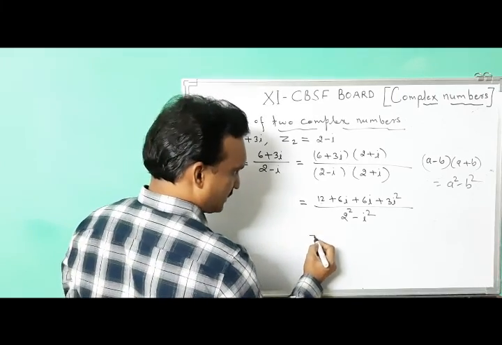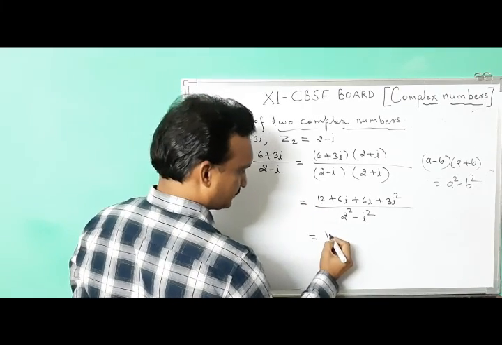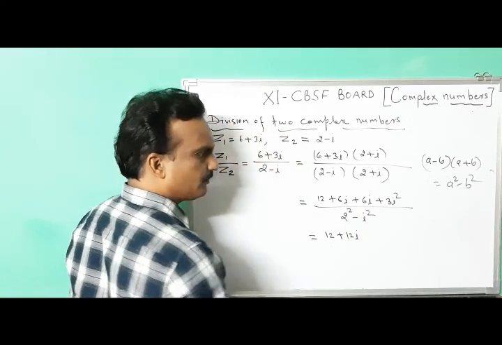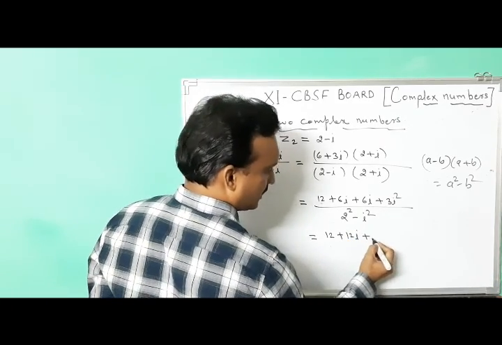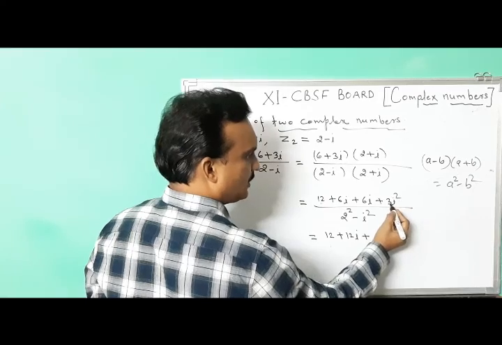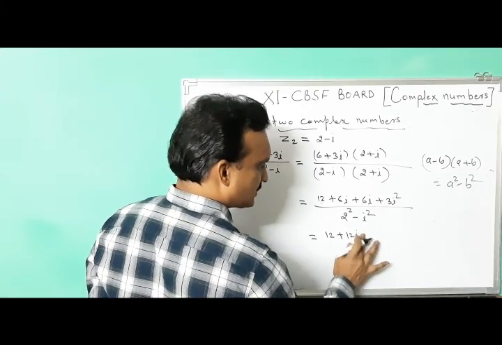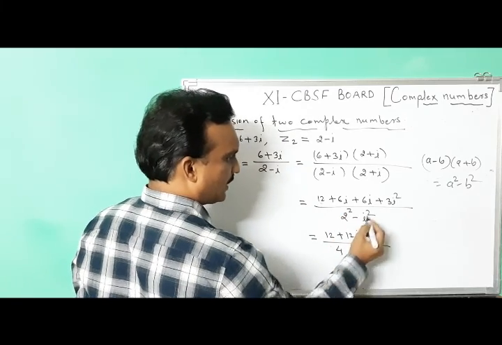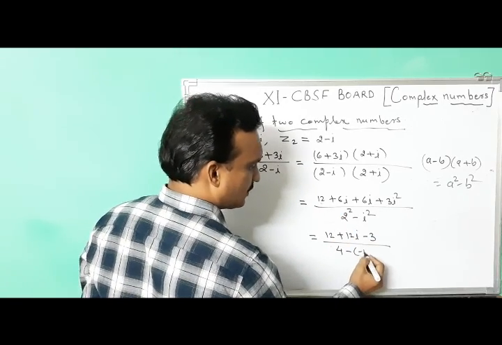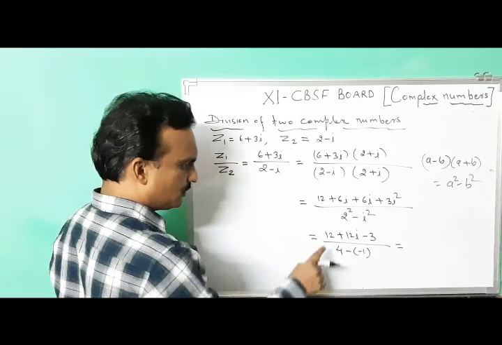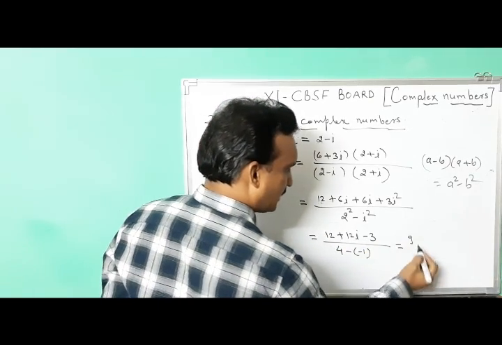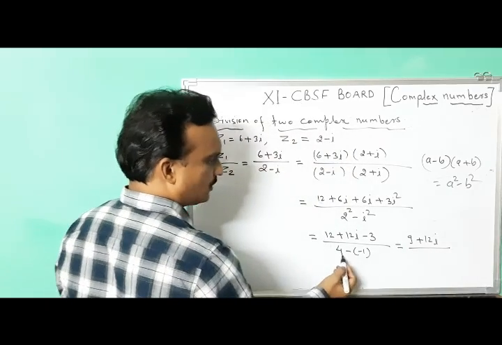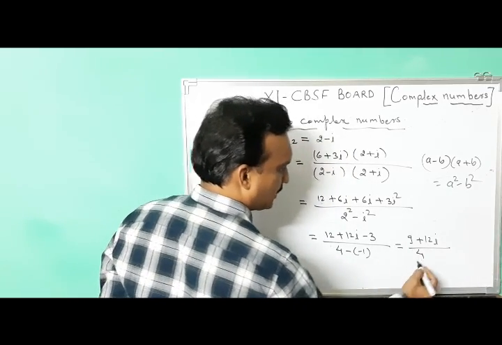Okay. This is equal to 12 plus 6i plus 6i is 12i. 3i square, i square is minus 1. Minus 1 into 3 will give you minus 3 upon 2 square is 4 minus i square is minus 1, which is equal to 12 minus 3 is 9 plus 12i upon 4 minus into minus plus.